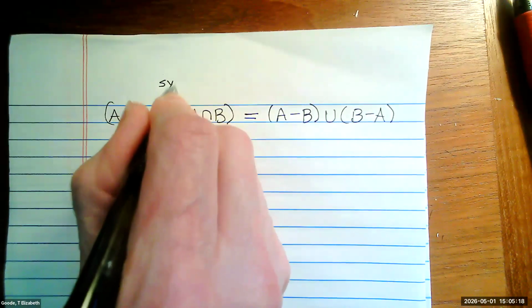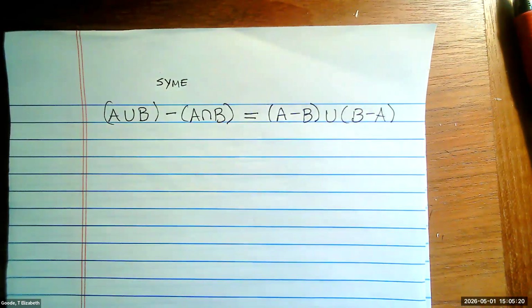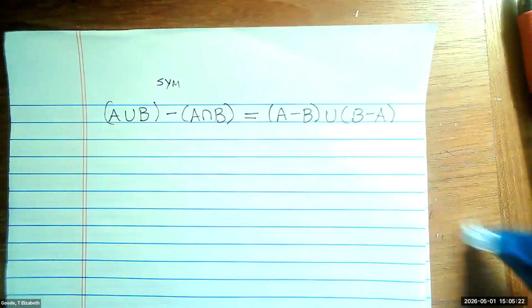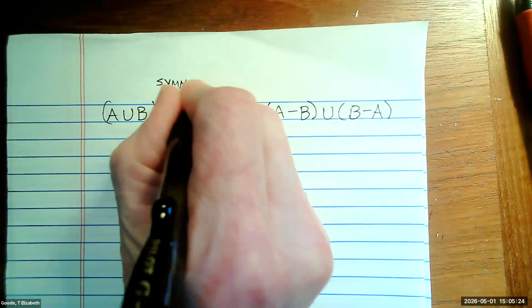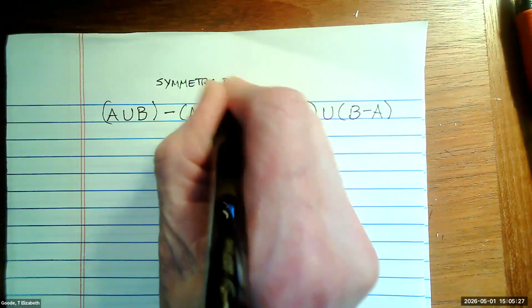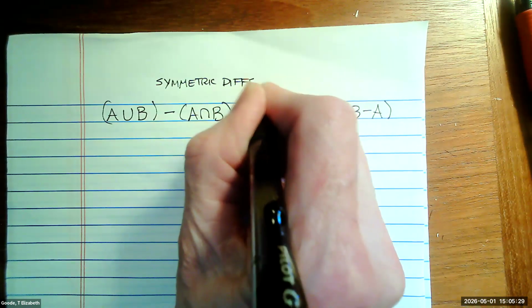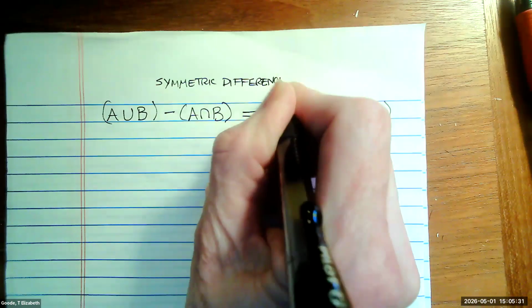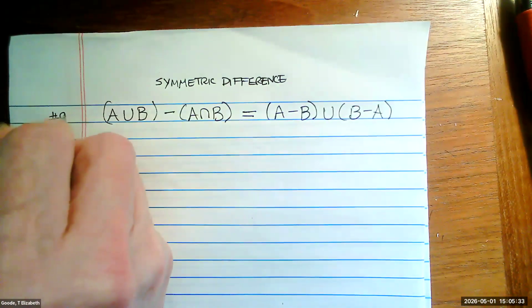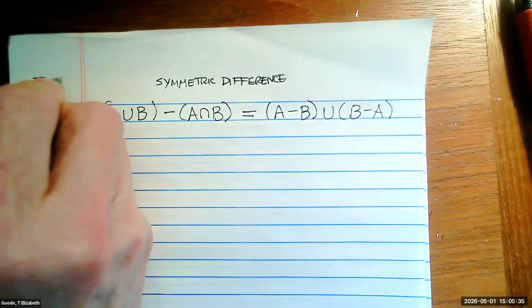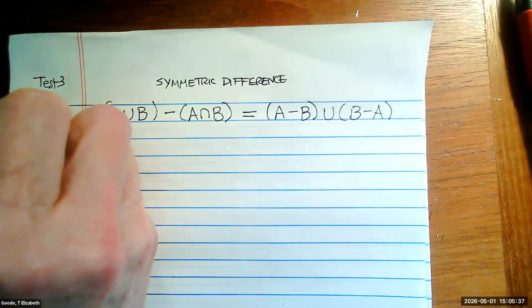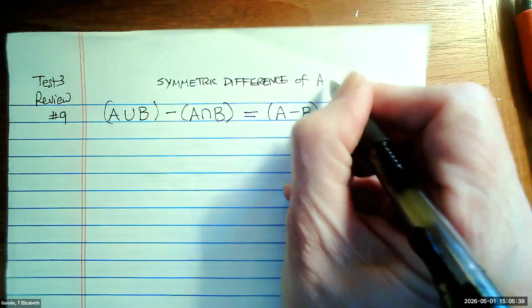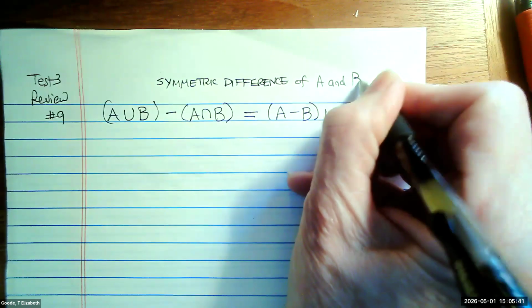This is called the symmetric difference of A and B.